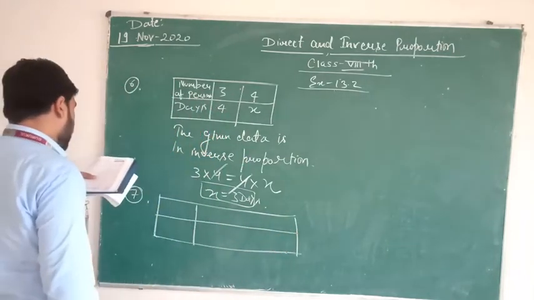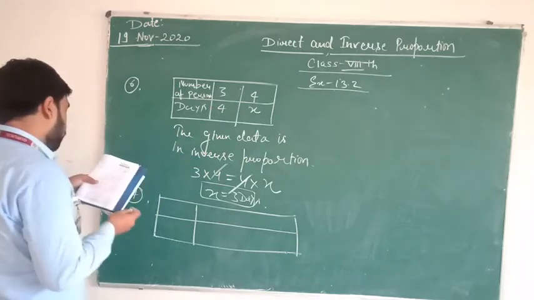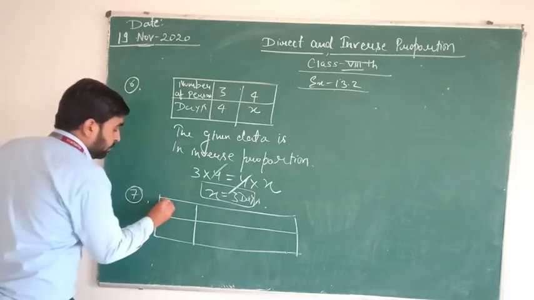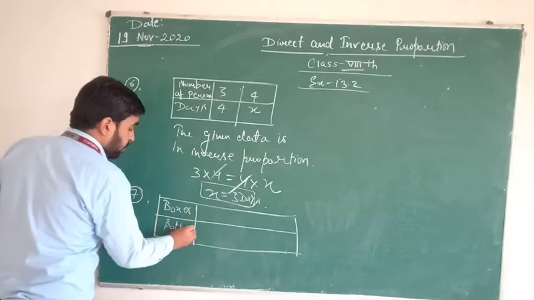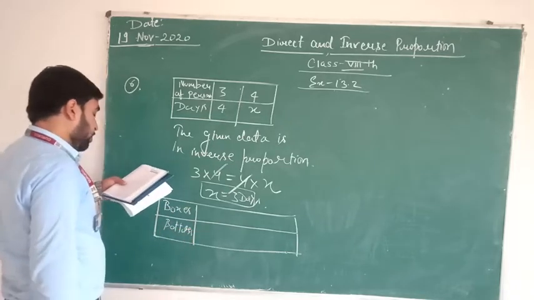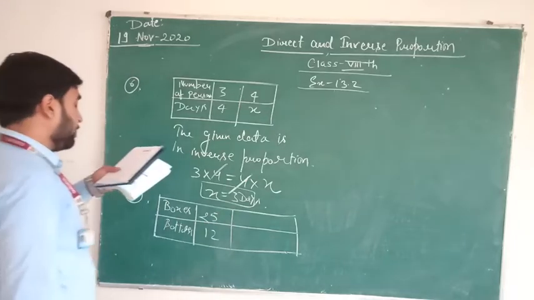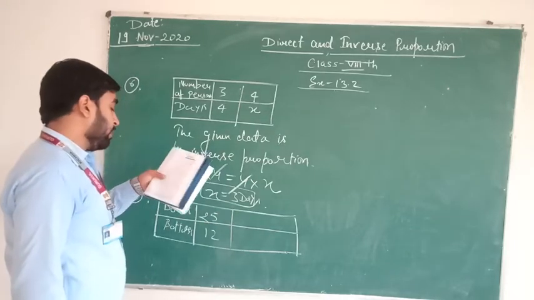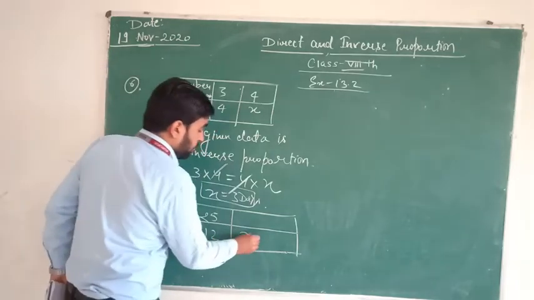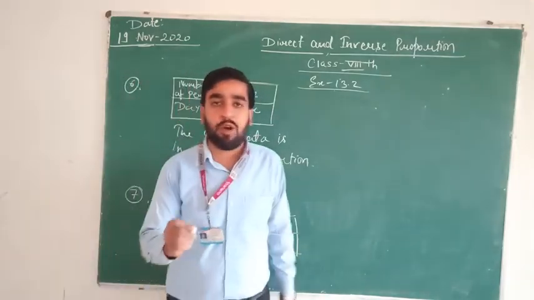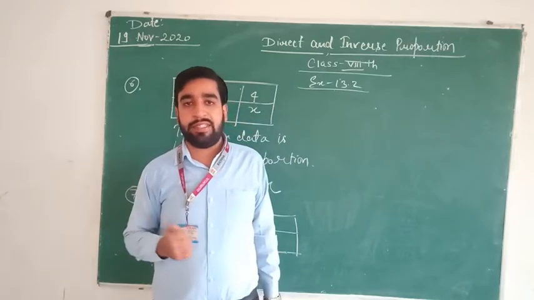Boxes and bottles. So if they have 25 boxes, then 12 bottles in each. They are saying if the same batch is packed using 20 bottles in each box, if you will increase the number of bottles in one box, then obviously the number of boxes will decrease.